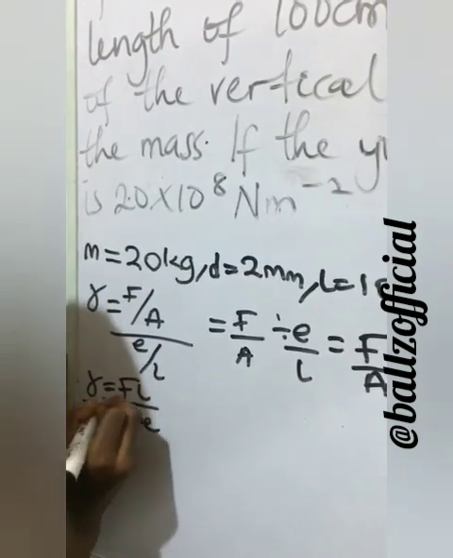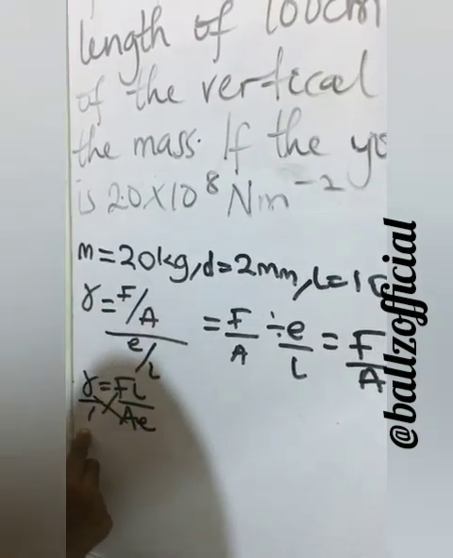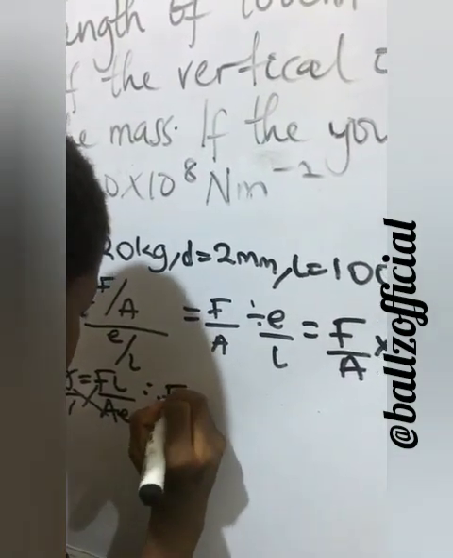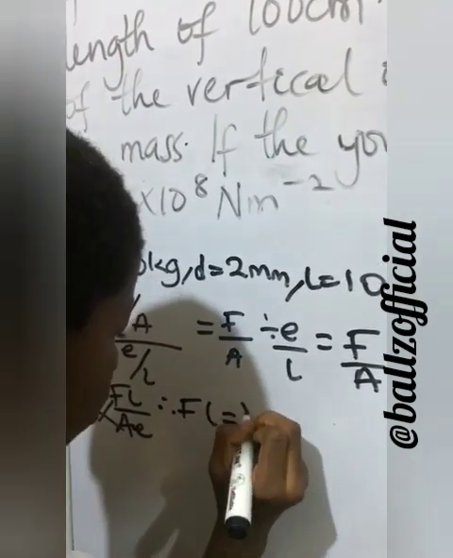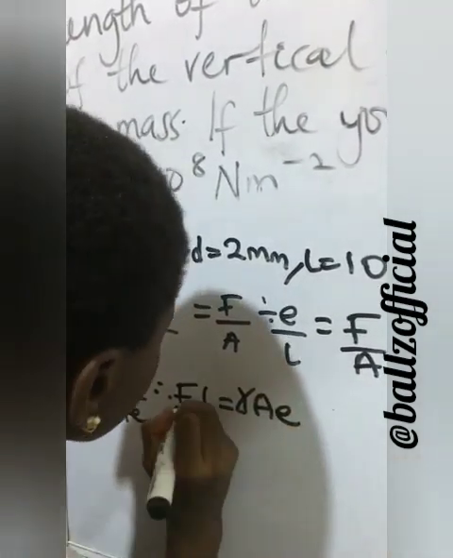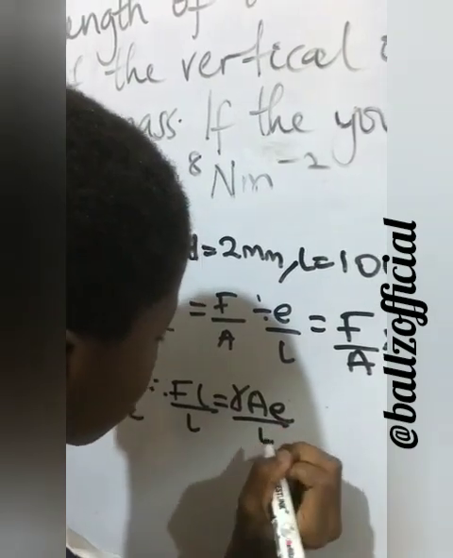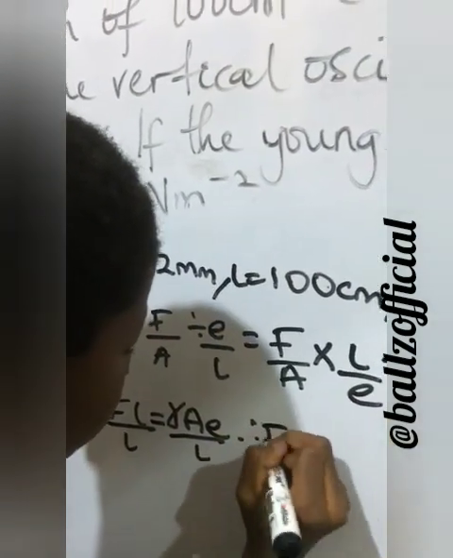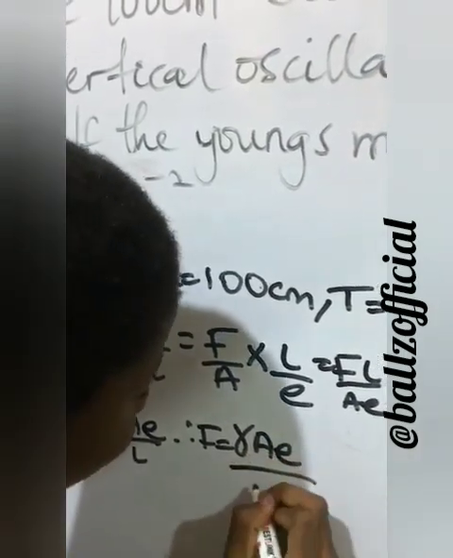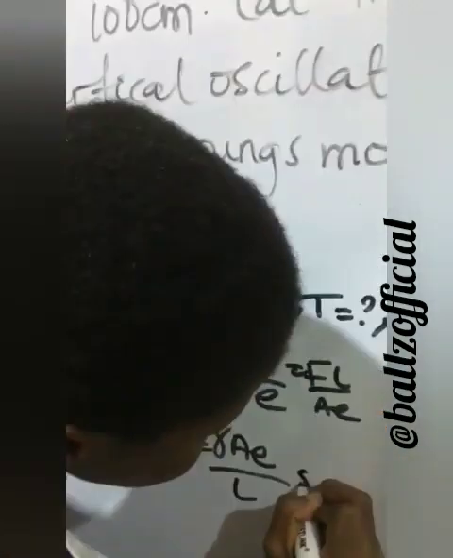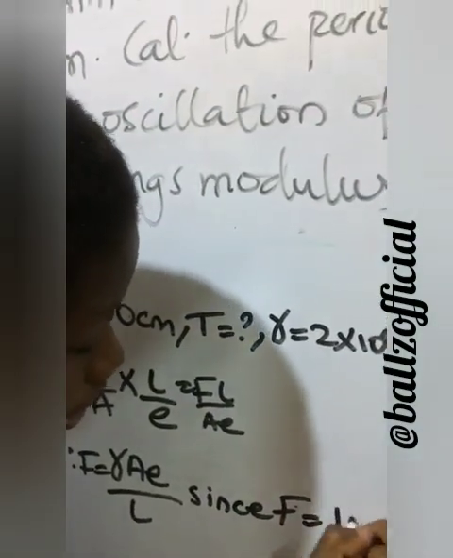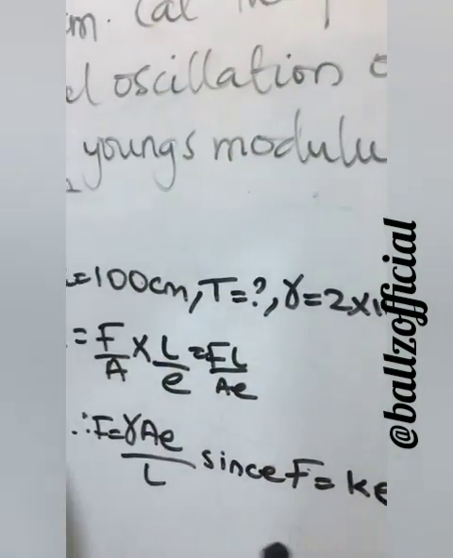So balance and cross multiply. So this is 1 all over 1. Therefore, F L is equal to Young's modulus times area times extension. So divide by L. Therefore, F is equal to Young's modulus times area times extension all over L. Since F is equal to KE, that's from Hooke's law, the beginning.